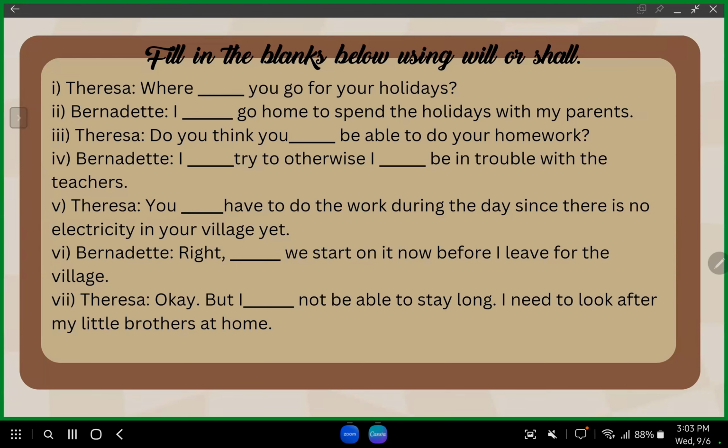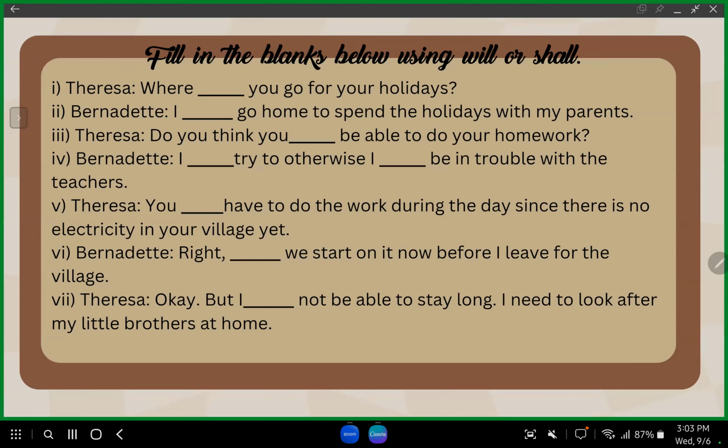You will have to do the work during the day since there is no electricity in your village yet. Right. Shall we start on it before I leave for the village? Okay, but I shall not be able to stay alone. I need to look after my little brothers at home.